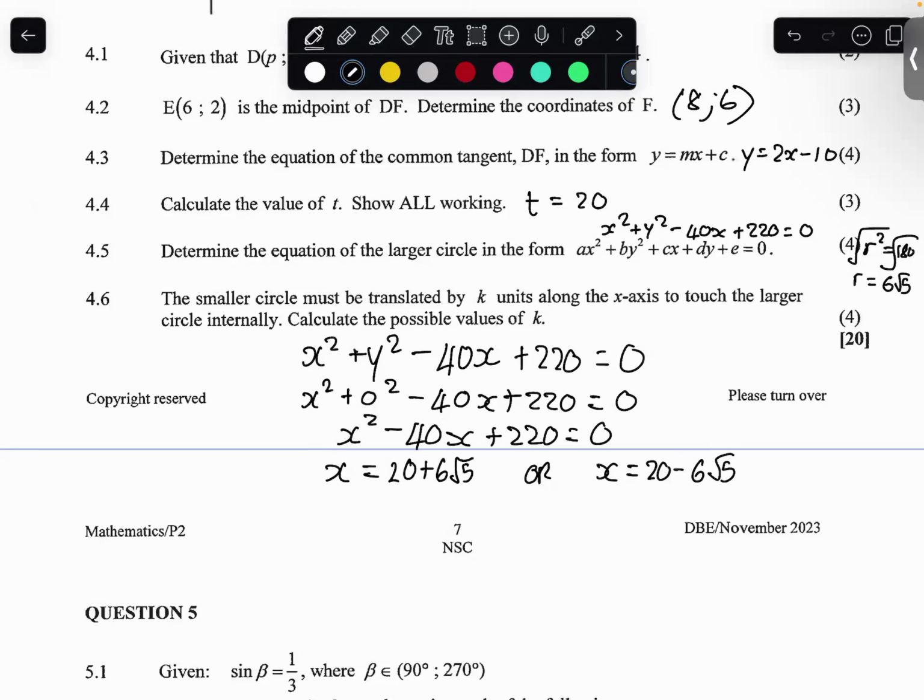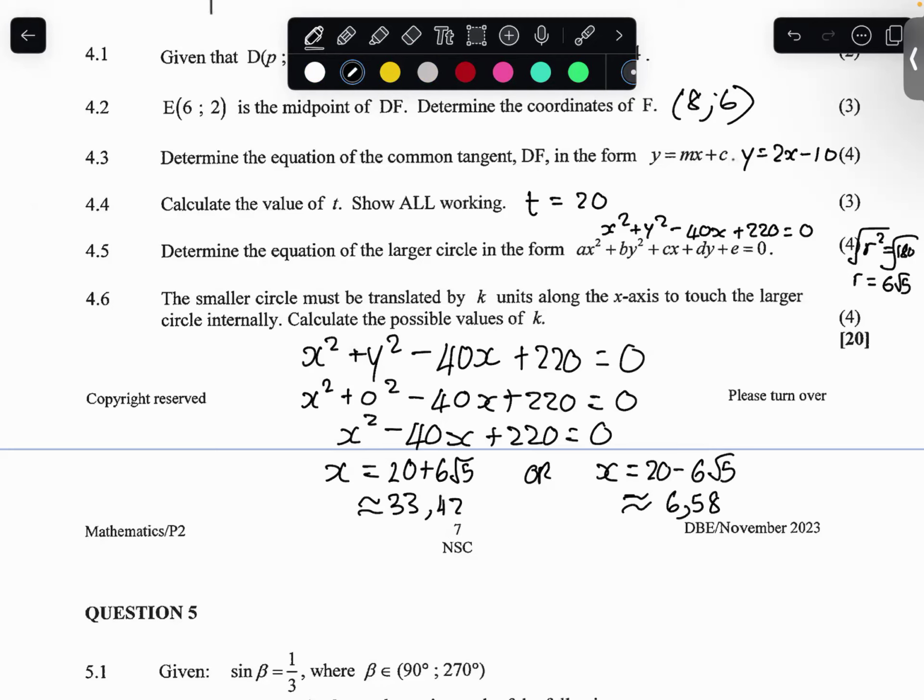20 plus 6 root 5 is approximately 33,42, and this one is approximately 6,58.